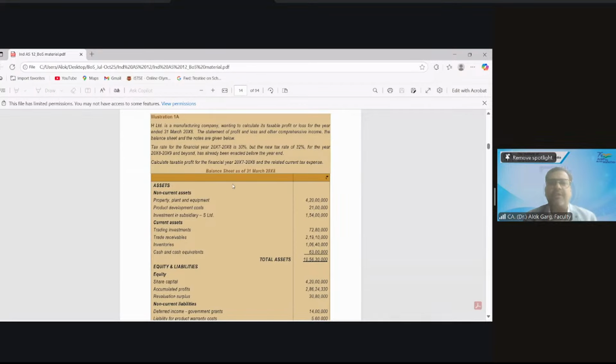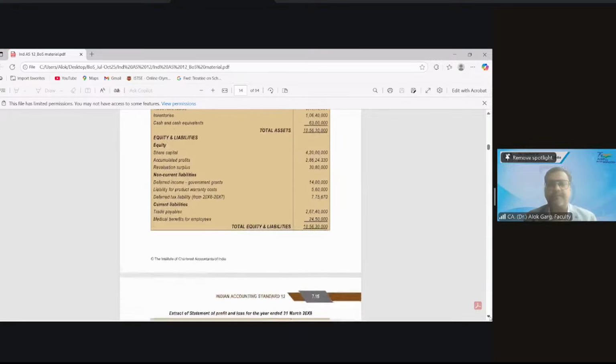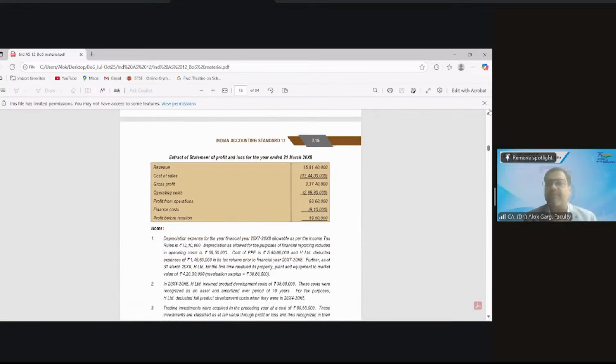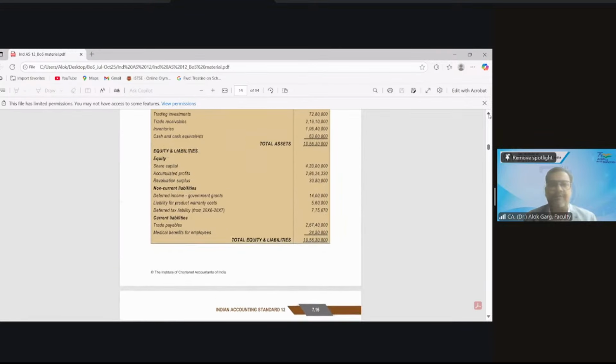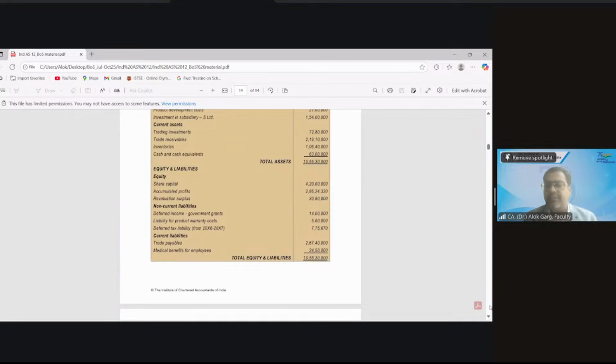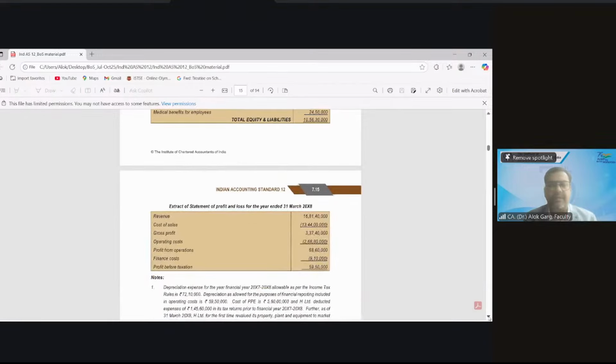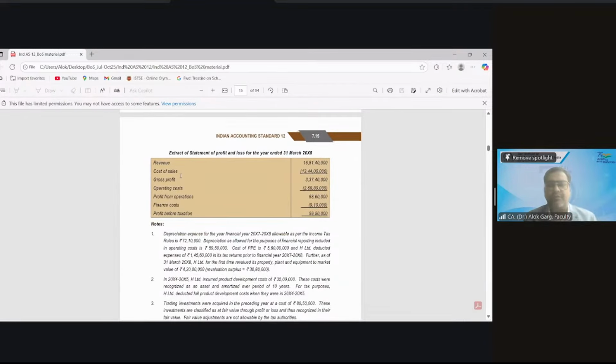They have given a balance sheet and they want to calculate taxable profit for the financial year 7-8 and the related current tax expenses. They have given this entire balance sheet and the P&L also, where they have given revenue, cost of sales, gross profit, operating cost, profit from operation, finance cost, and profit before tax.